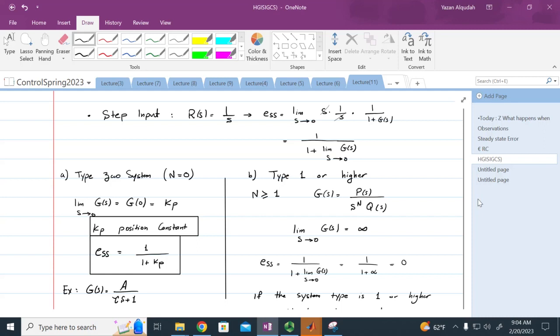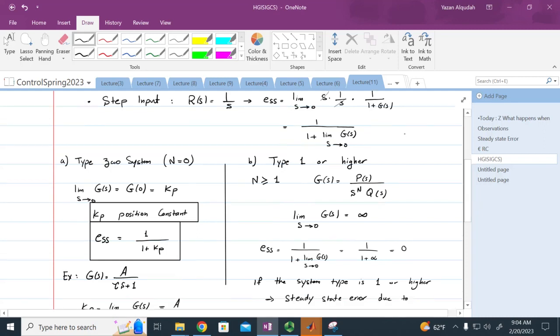Which is something that's easy to visualize and understand. If we're applying a step at the input, then at the error signal, we're going to have a tiny error, but then the system has an integrator in it. So this is going to get larger, forcing the system response to force the steady state error back to 0.